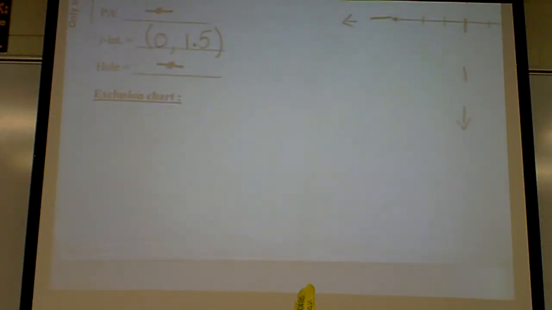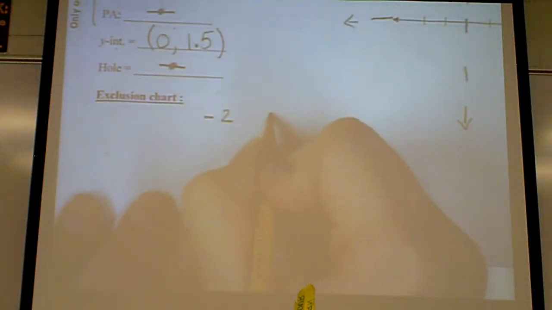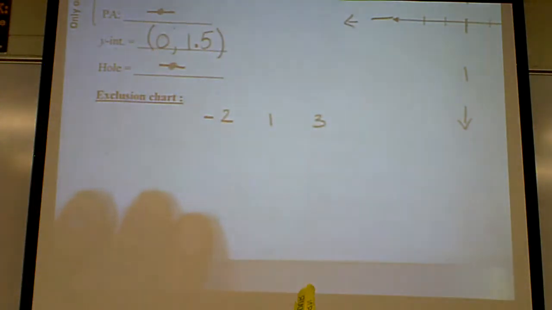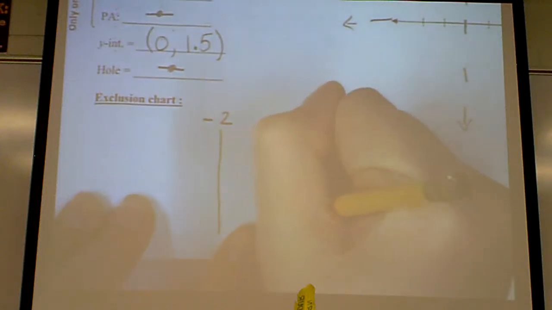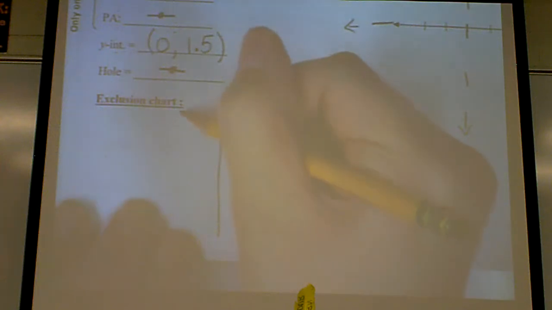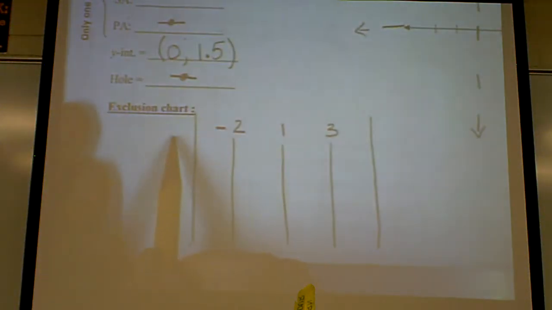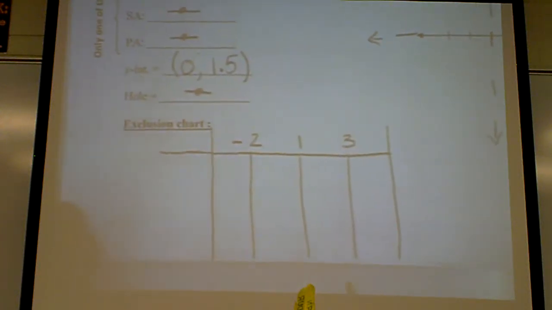Okay, let's do our chart. So make sure you put these critical values from least to greatest. So we have -2, 1, and 3. And what are my factors?